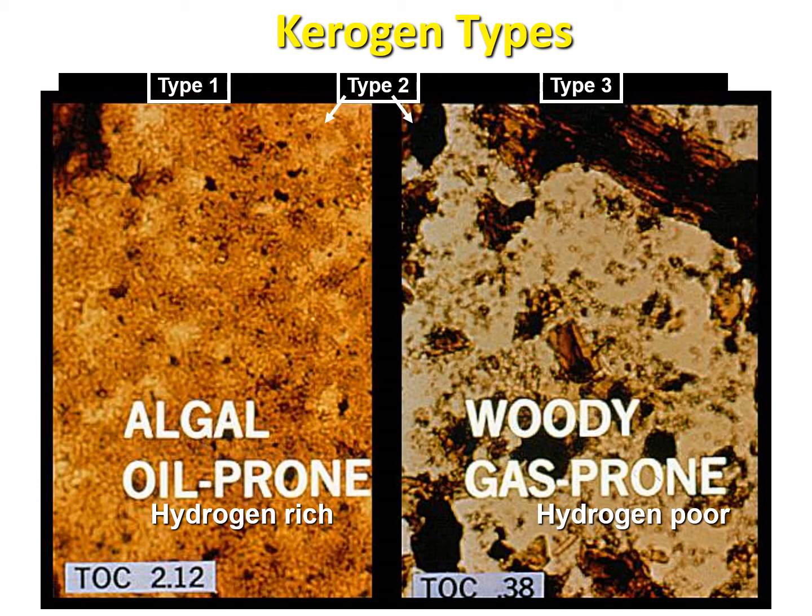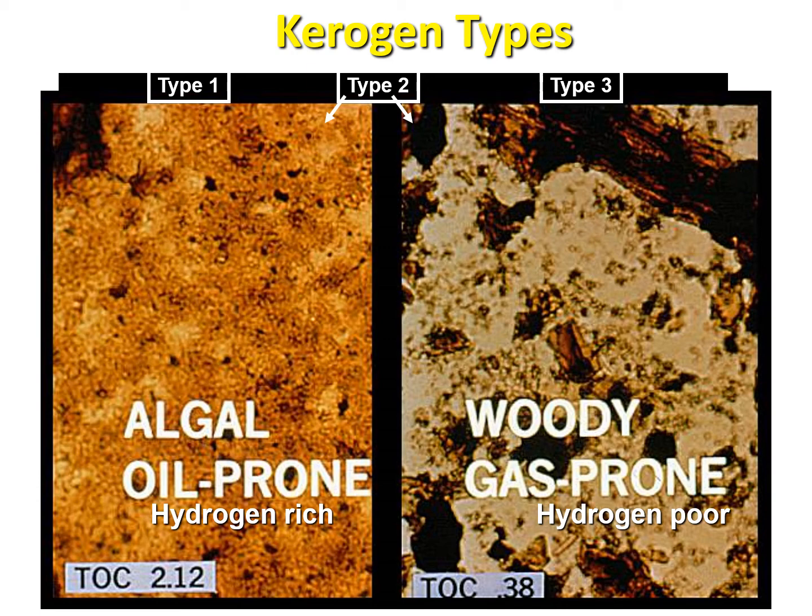Okay, while the type 2 here will be the mixing between these two inputs of the type 1 and type 3, and mainly it's a herbaceous kerogen. It's good for both oil source and also gas source.